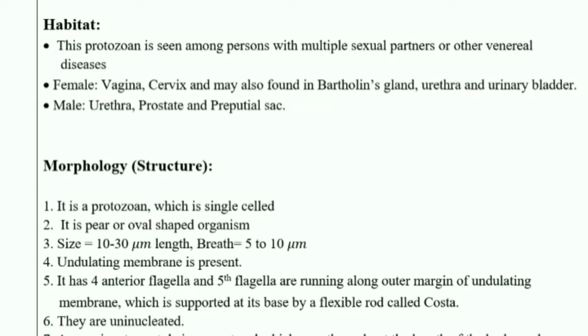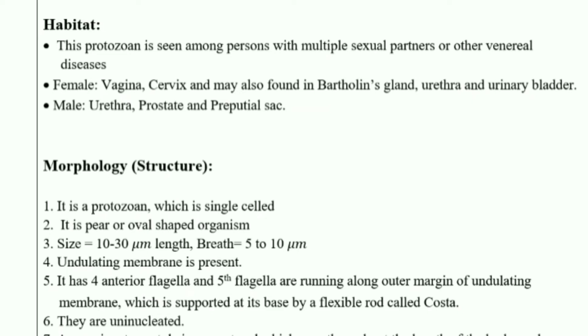You can see Trichomonas vaginalis there. It is also found in the urethra and urinary bladder when the person is infected with this disease, not in a normal person. If the person is infected with trichomoniasis, there is a chance that Trichomonas vaginalis is found in all these parts. And in males you can see it in the urethra, the prostate and the preputial sacs.